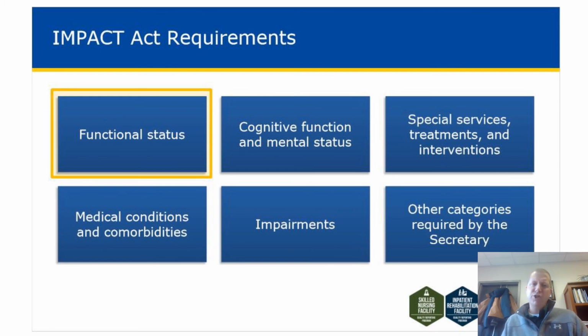Okay, so functional status. These facilities are gathering information from PTs, OTs, nurses that look at measuring what a patient's functional status is at the time of admission. Okay, this is where Section GG fits in.